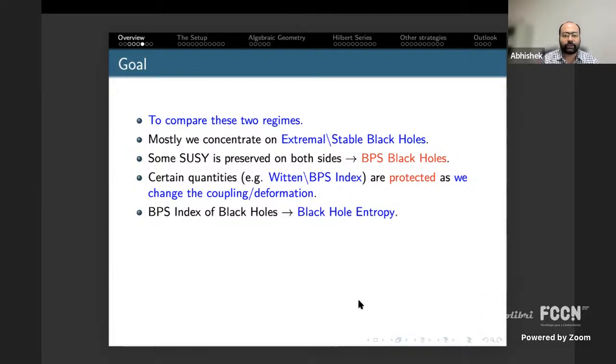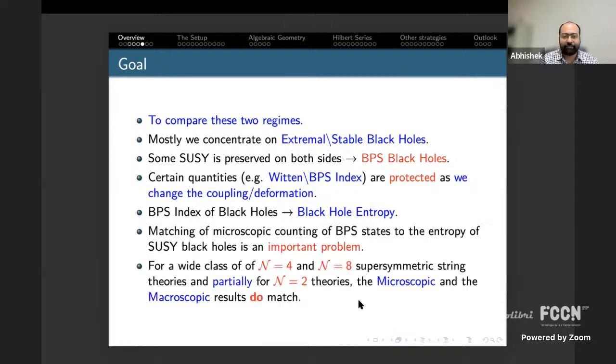So it turns out that for these BPS black holes, modulo some complications of signs and soaking up of zero modes, etc., the BPS index of these black holes is essentially the black hole entropy. And the matching has been an important problem in string theory because string theory predicts both the macroscopic and the microscopic side.